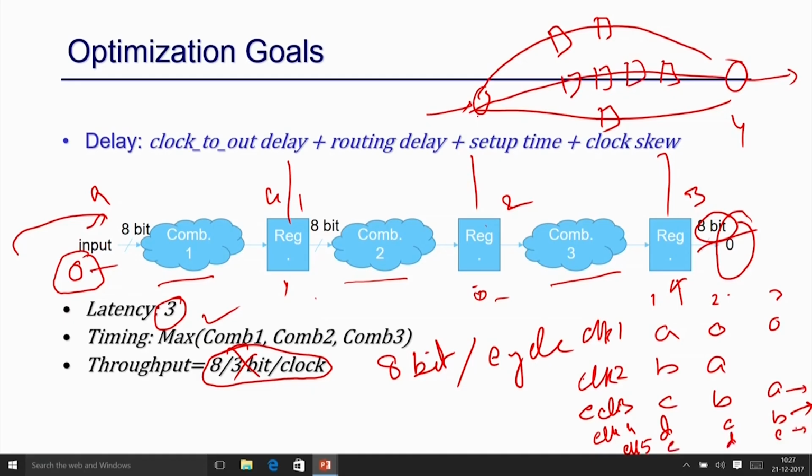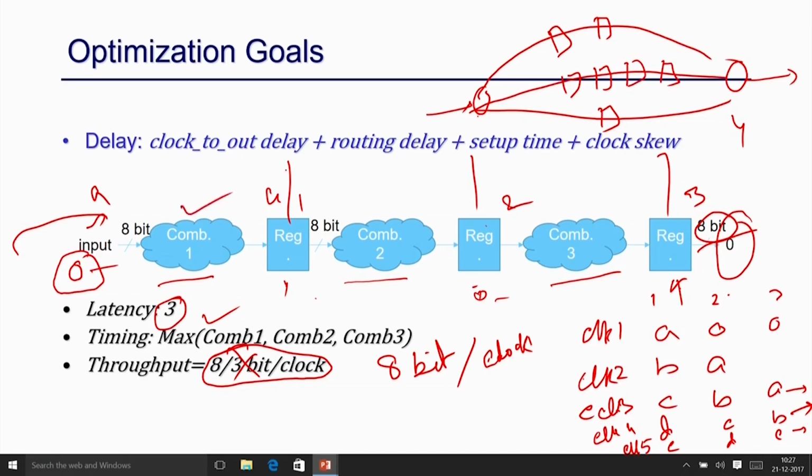So, after that every clock you will get some output. That means your throughput is 8 bits per clock. And the timing is what? As I mentioned, this is the maximum combinational delay between any 2 registers.